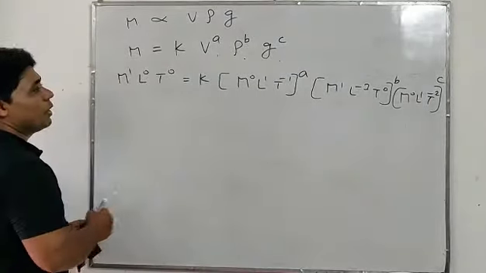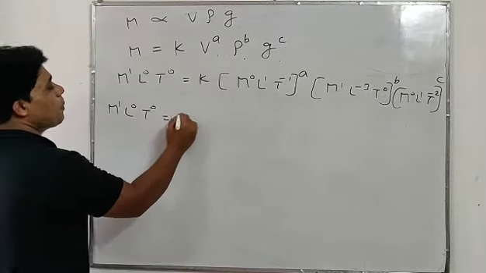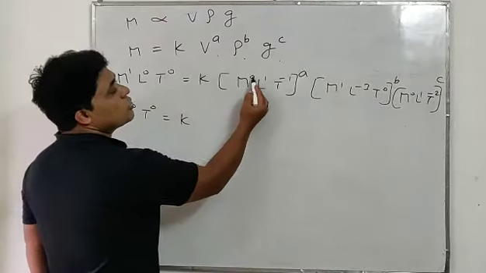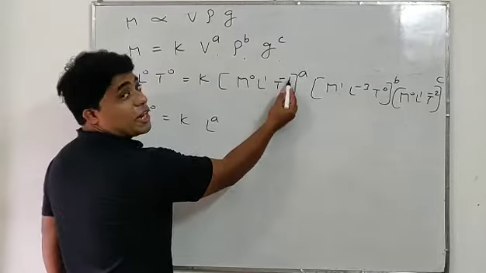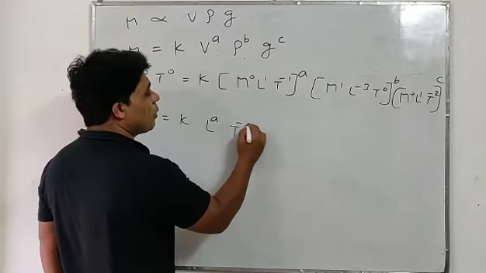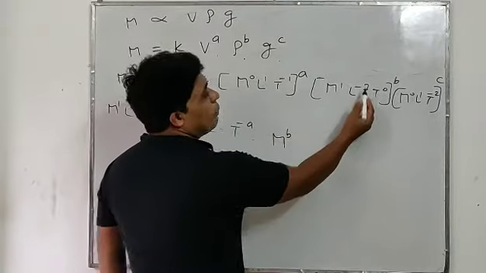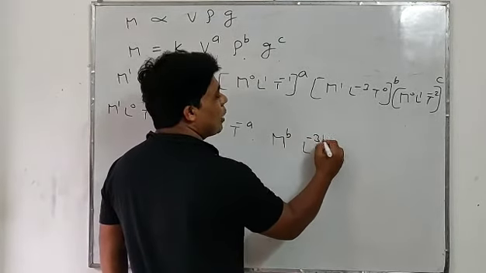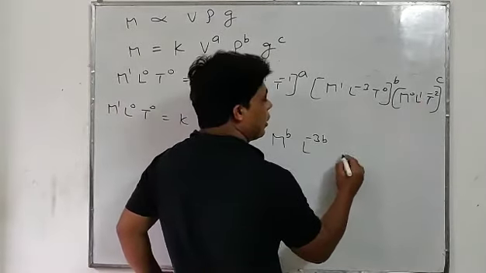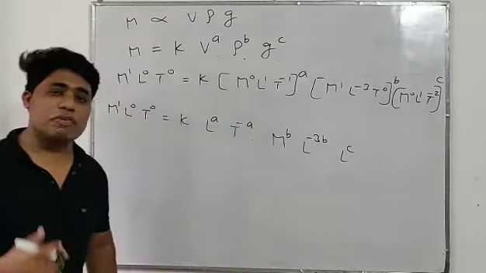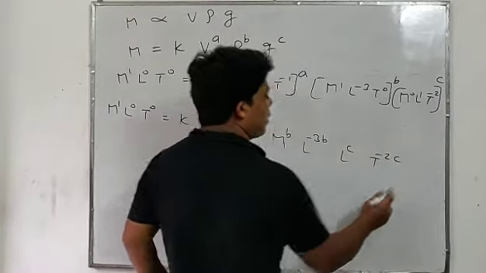Now students, multiply. M1 L0 T0 equals k as it is, M0 into a, L1 into a gives L power a, T minus 1 into a gives T power minus a, M1 into b gives M power b, L minus 3 into b gives L power minus 3b, then M0, T0, L1 into c gives L power c, and T minus 2 into c gives T power minus 2c.